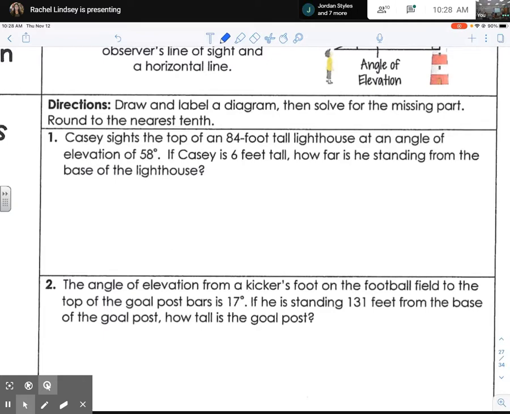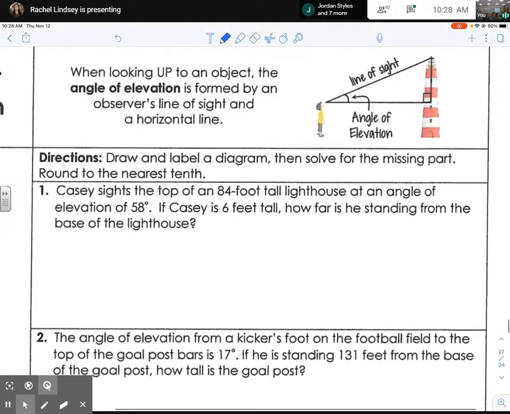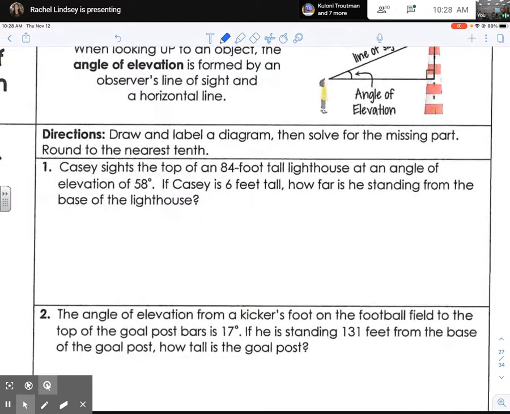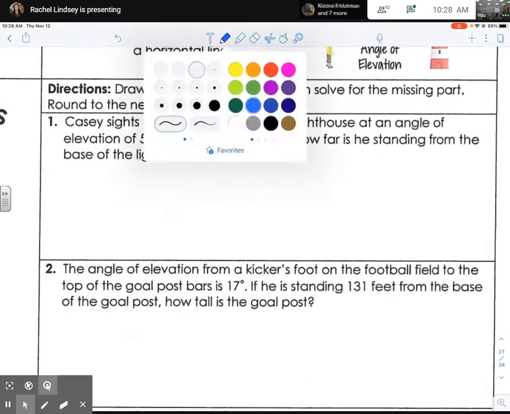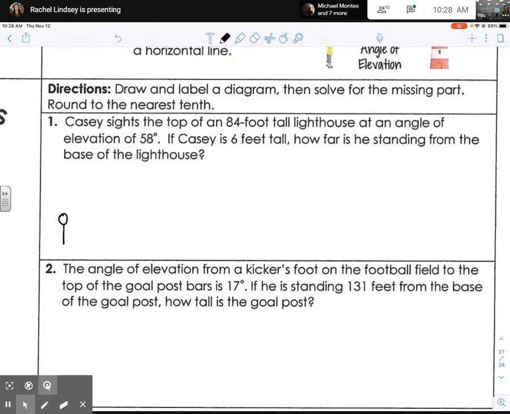The picture is actually up here in the top part, but I'm going to draw another picture just so I can show you how I normally do this. Here's Casey. It tells you that Casey's 6 feet tall, and that he is looking at a lighthouse. I'll draw a little picture.